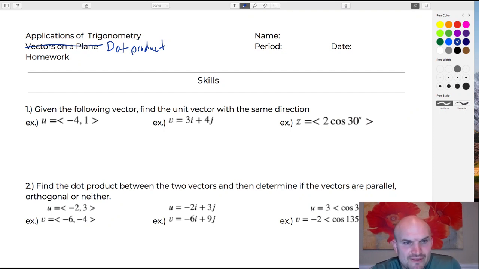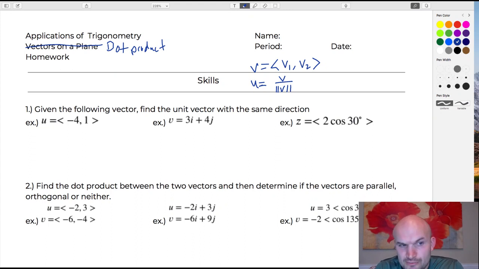The first one is, given the following vector, find the unit vector with the same direction. Just remember, if we have a vector v in component form, v1 comma v2, then the unit vector is that vector v divided by its magnitude. This is what we worked on today in class.